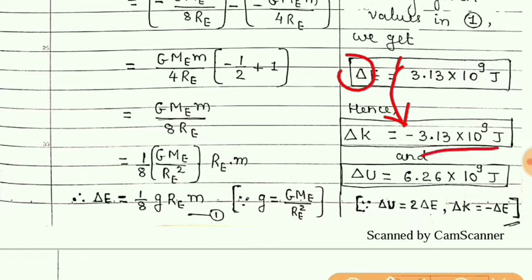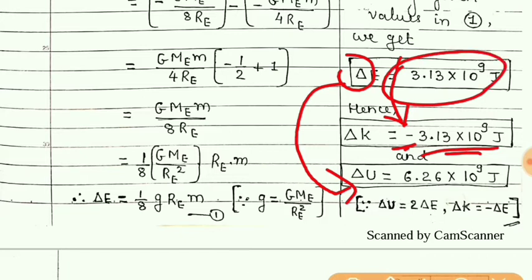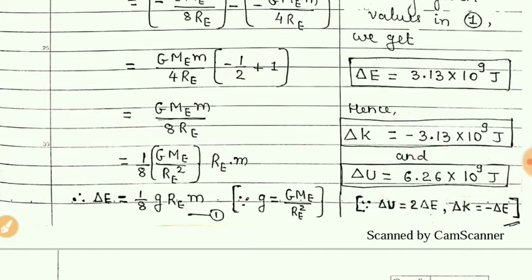So the value is the same, but it is negative. And we know that potential energy is double that of total energy, so we get potential energy as double of this. Simply multiply 2 to this total energy and you will get this. The sign of both, total energy as well as potential energy, will be the same.